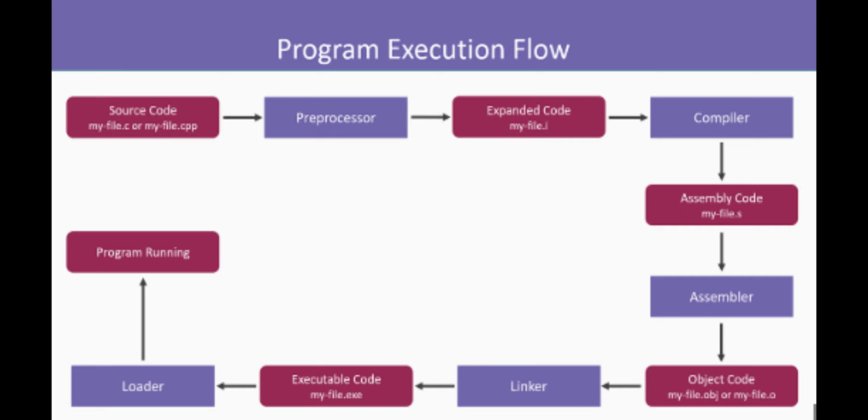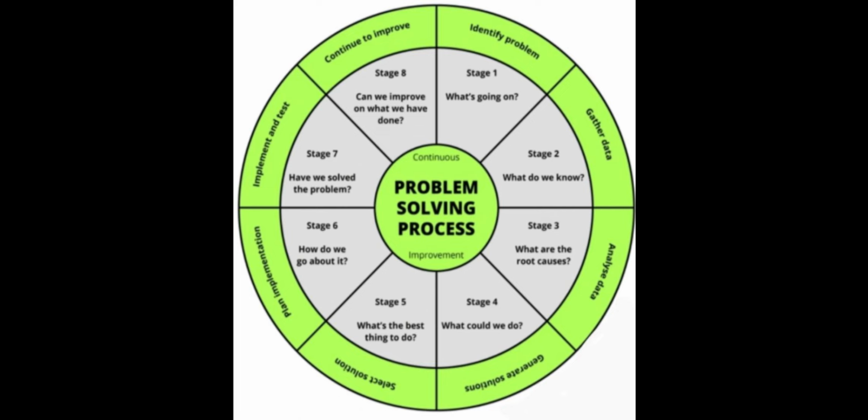Finally, the program is executed and the file runs, and the program displays the output. Errors during these stages must be fixed before execution. So that was the processing of a C++ program.